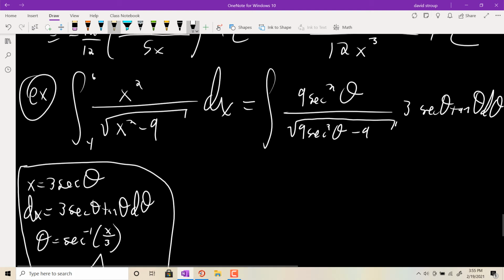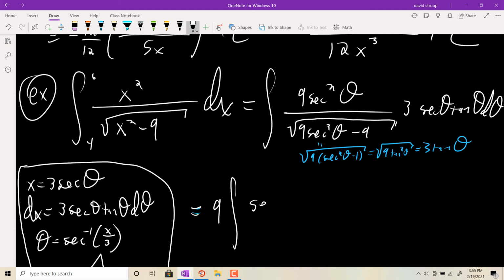And then we can do some simplification on this thing. That's going to be 9 times secant squared theta minus 1, which equals 9 tan squared theta, whose square root of course is 3 tan theta. So the 3 in the bottom will cancel with that 3. There'll be a 9 to factor out when all is said and done.